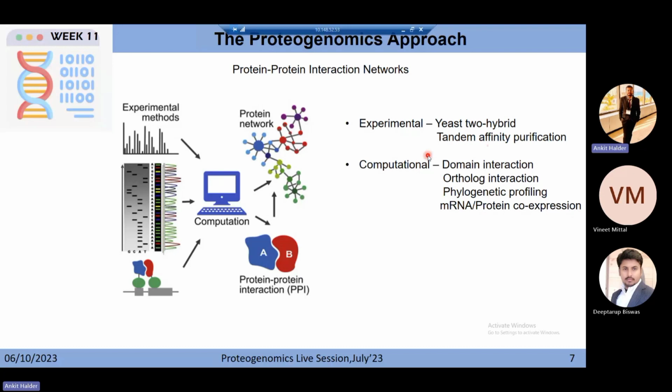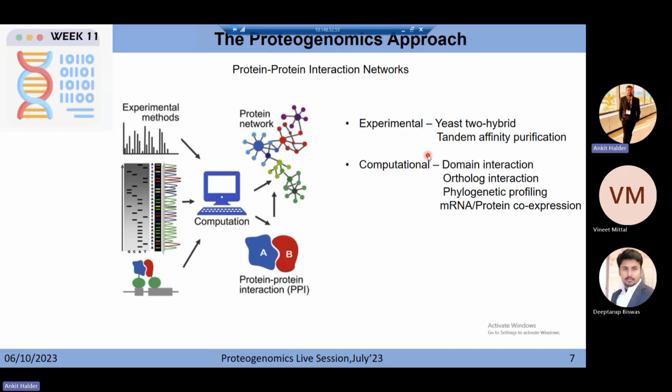So this will give us generally an overview of the experimental way, but there are also computational ways to understand our protein-protein interactions. First is the domain interaction. So how will we understand in silico, or through a computational method, which proteins will be interacting with which particular proteins?